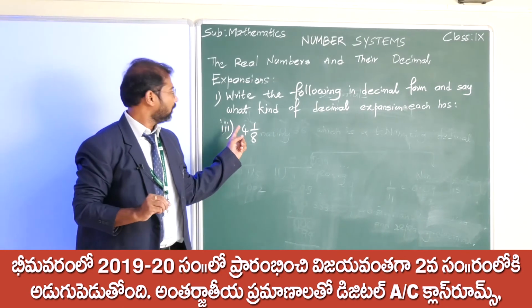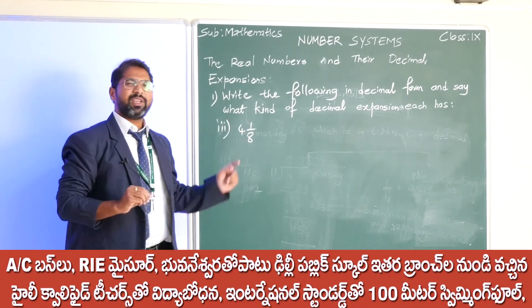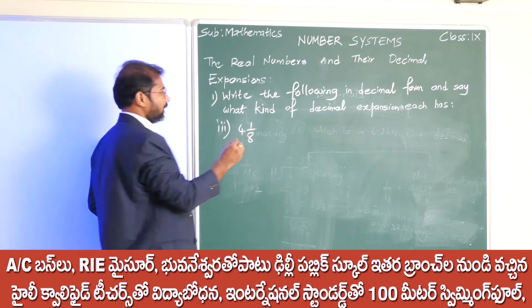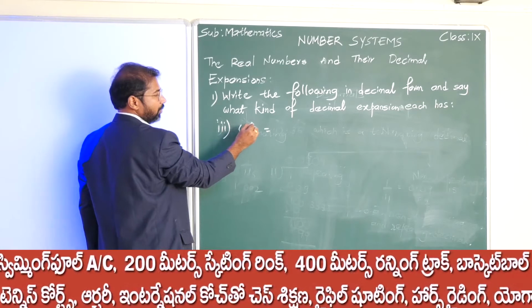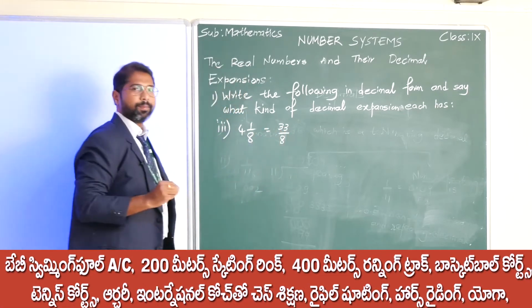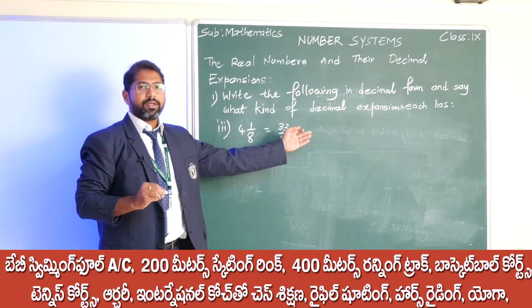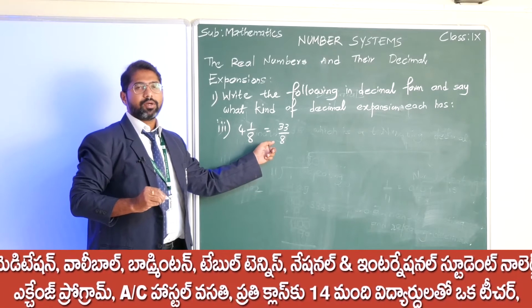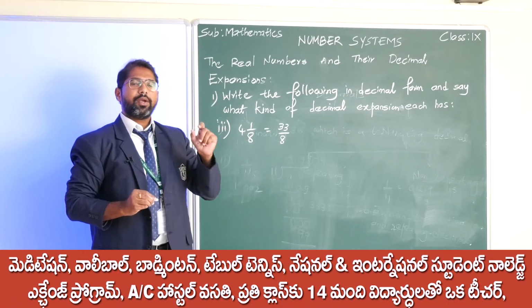Now it's a mixed fraction 4 1 by 8, which can be written as 8 fours are 32 plus 1, 33 by 8. Yes. Now I cannot write directly because the denominator is not in the form of 10 or 10 to the power.